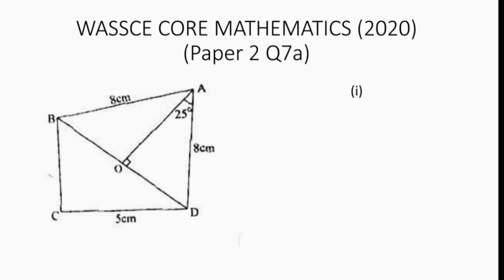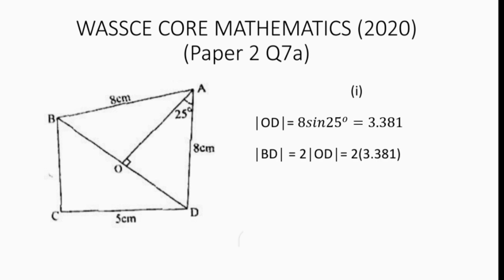Sine theta is equal to the length of the opposite side over the length of the hypotenuse, which will give us sine 25 degrees equals line OD over 8 centimeters, which will give us, when I multiply through by 8, line OD is equal to 8 sine 25 degrees, which is equal to 3.381.